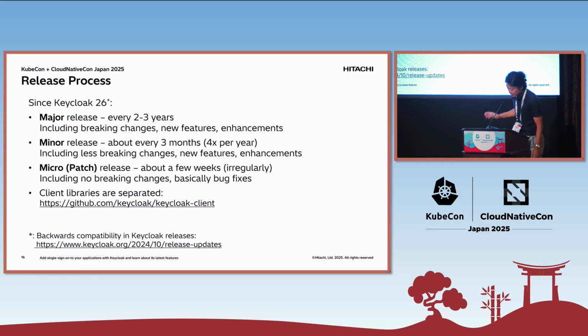It includes few or no breaking changes and includes some new features and enhancements. Finally, a patch release is released about every few weeks, irregularly. It includes no breaking changes, and basically includes bug fixes.